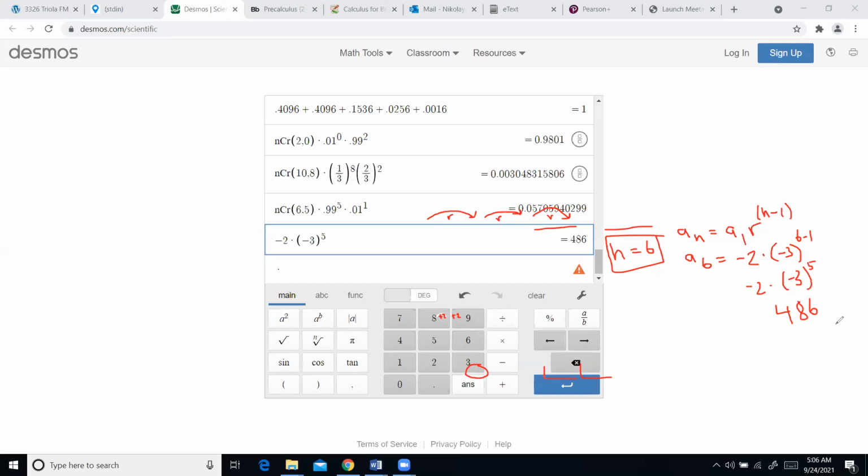So I do recommend using a calculator for these exercises, because multiplying -3 so many times by itself may definitely cause some mistakes, right?